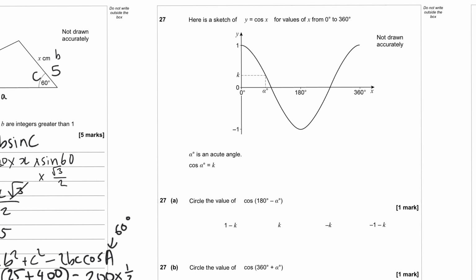The first part wants us to circle the value of cos (180 minus A). It says that A is an acute angle, but essentially we don't really know what A is equal to. But what we do know, if we have a look at the graph, is that K is a positive value.